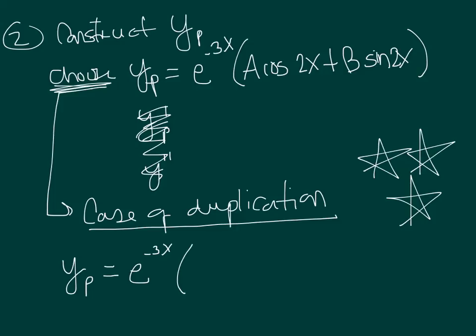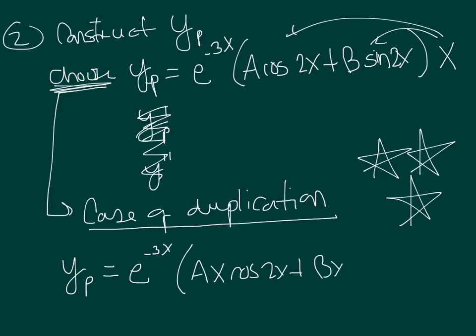Distributing that x inside, we get e to the negative 3x times ax cosine 2x plus bx sine 2x. That is your particular solution.